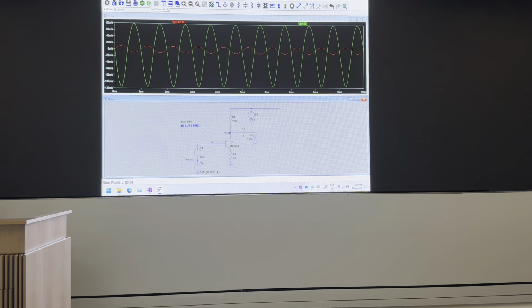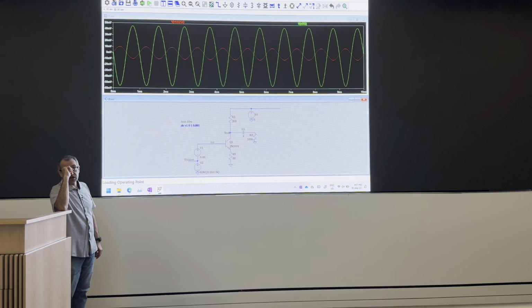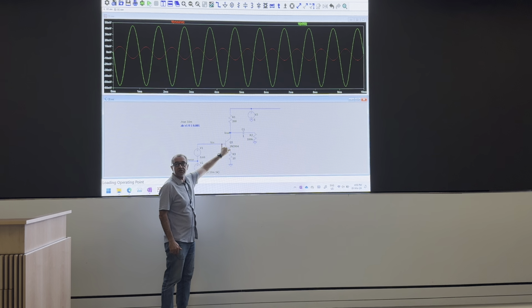So look at this. Do you notice that it's actually improved? It's not distorted anymore. It's not as bad. Part of it is because your gain is reduced. You're not amplifying the signal as much as before. But the other reason is that your V in is still appearing here. If RE was not there, all of that V in appears across your VBE, which is super sensitive to voltage drop across the diode.